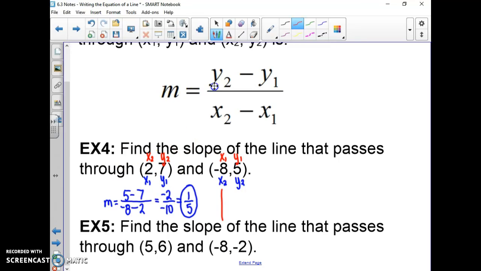So this is my first point now, and this is my second point. If we plug this into the formula, I'd have y2, which is 7. So m equals 7 minus y1, which is 5, over x2, which is 2, minus x1, which is negative 8.